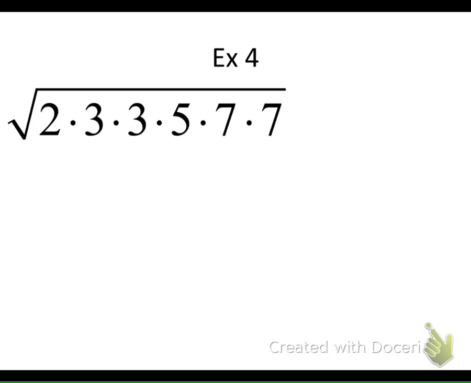So we're going to write the square root of 2 times 3 times 3 times 5 times 7 times 7. Once you have that written down, circle your pairs.